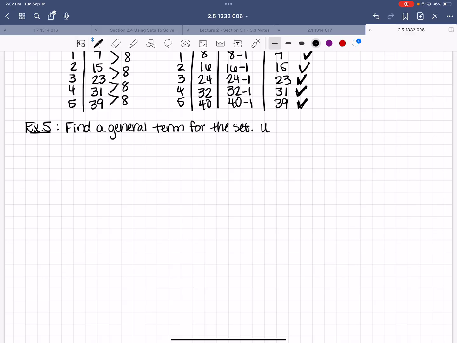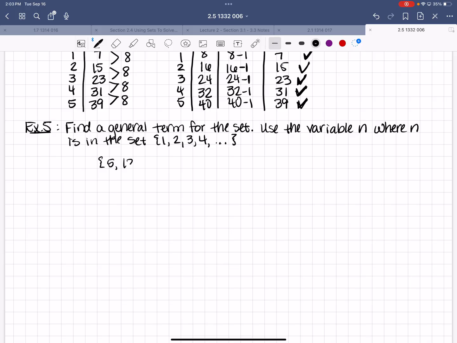Use the variable n where n is in the set 1, 2, 3, 4. And we have the set 5, 12, 19, 26, and 33.